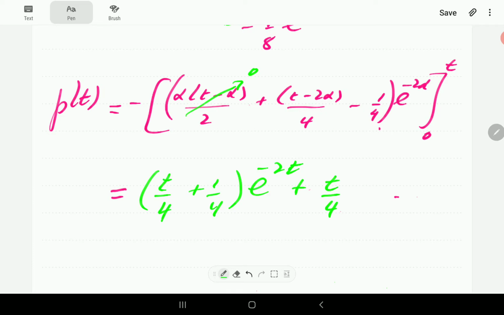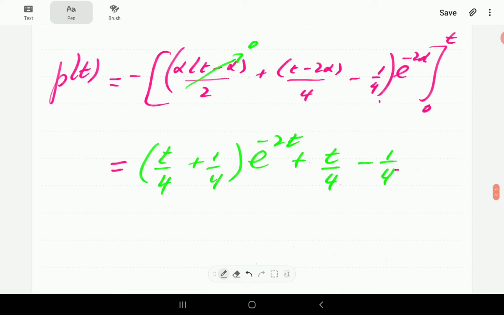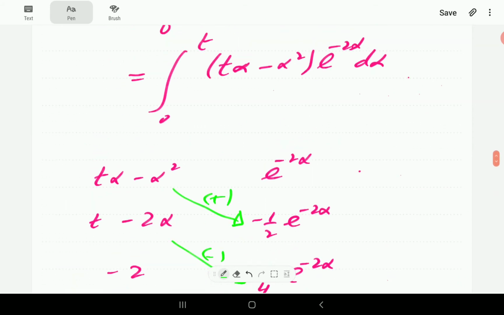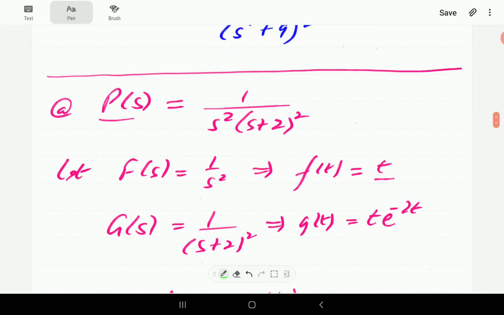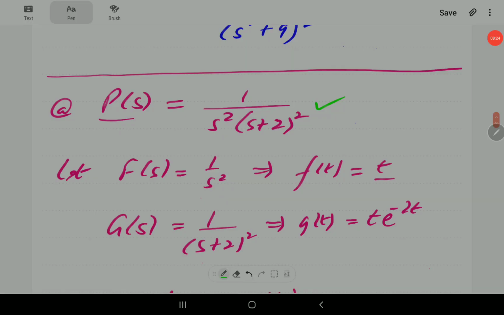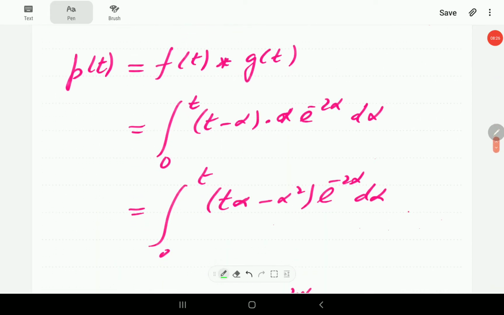And this one is plus, and then the minus which goes with the fact that that is the lower limit is going to give us that as a negative. So that is going to be the inverse Laplace transform of this function here. So that's the first one.